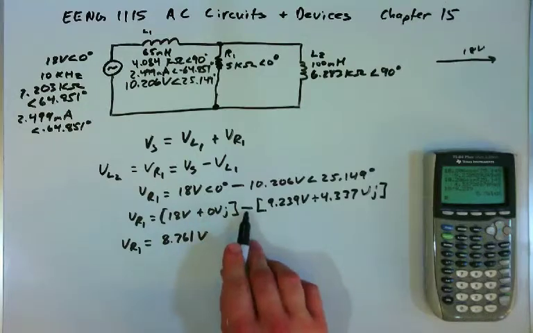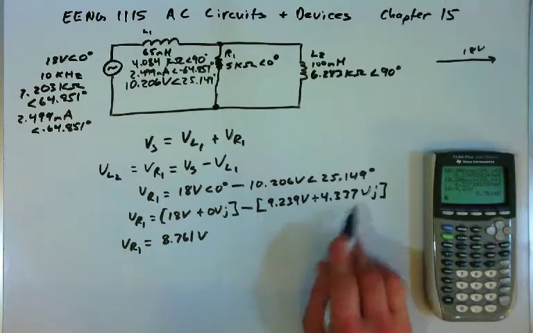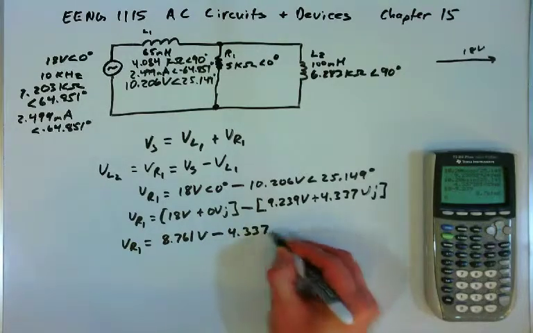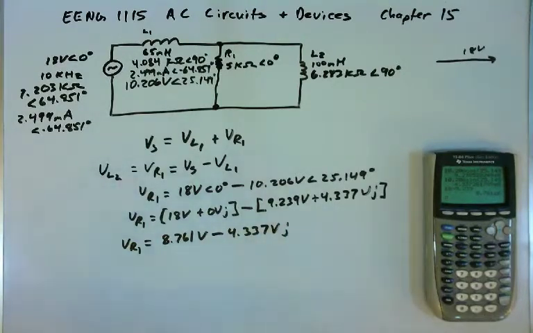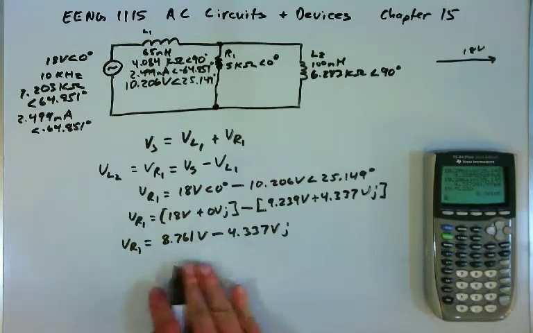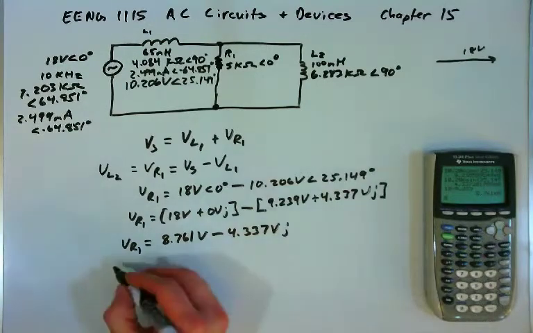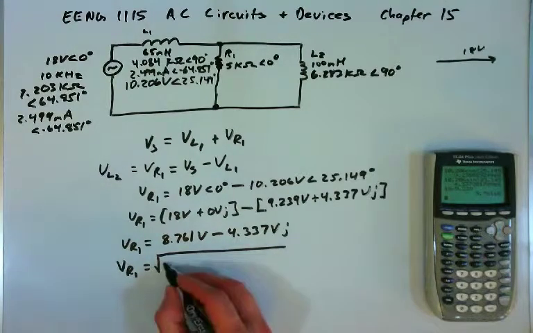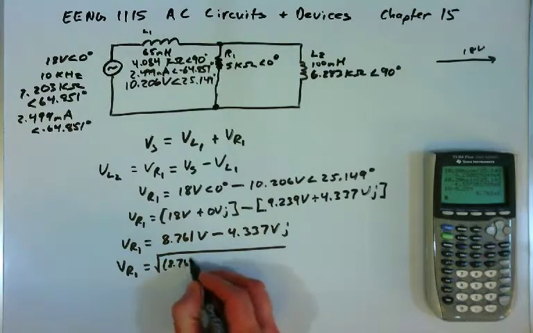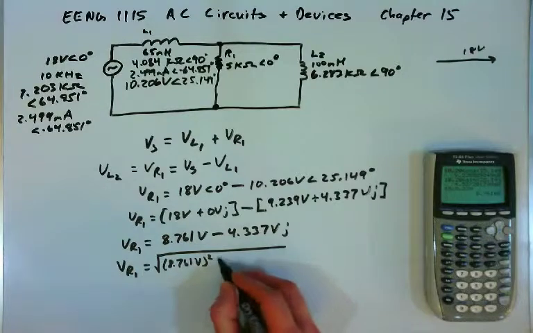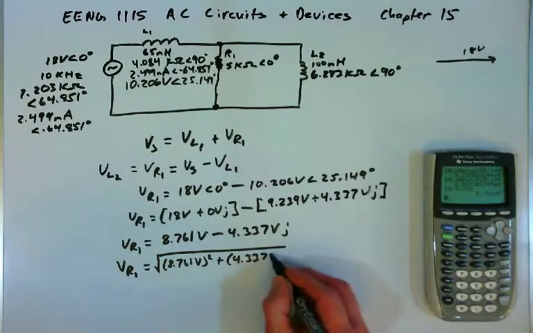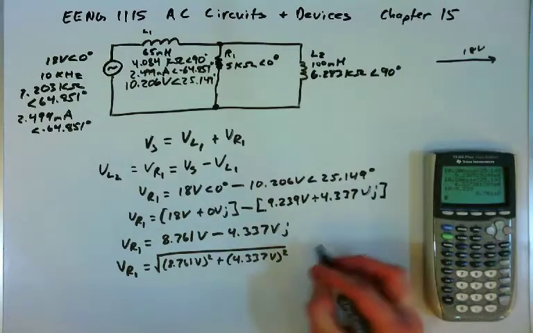And then we have 0 minus 4.337, and so that's going to be negative 4.337 volts J. And so we'll want to convert this back into a polar form. To do that, we apply the Pythagorean theorem. We'll take the square root of 8.761 volts squared plus 4.337 volts squared.